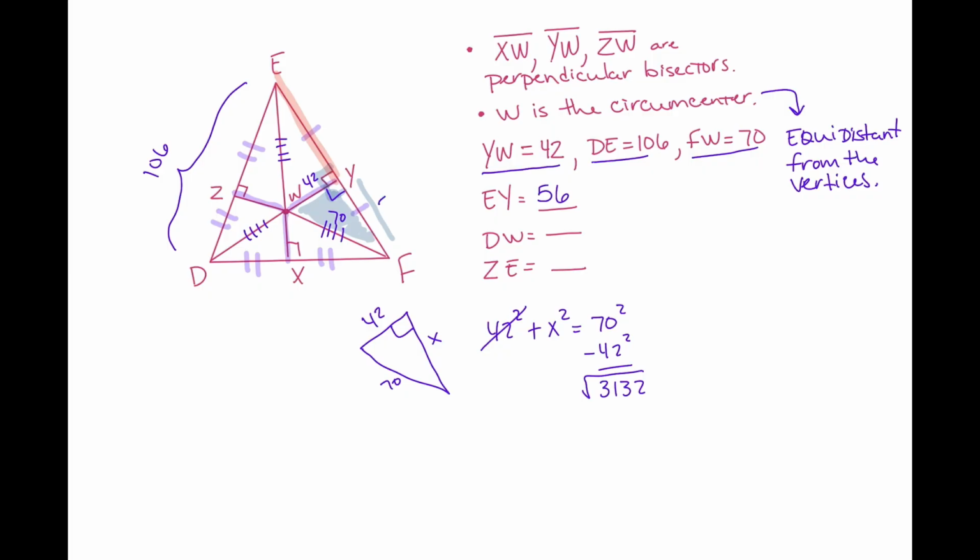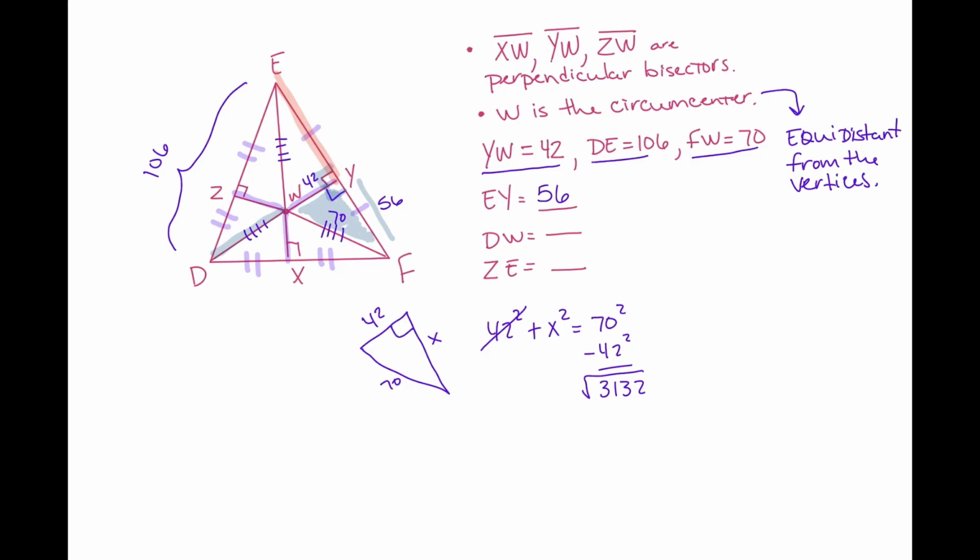So here's 56. All right, now we're looking for DW, which is this one right here. DW has 4 slashes on it. If it has slashes on it, it's usually telling us there is something else that's the same. Is there another one that has slashes on it that we know the value of?